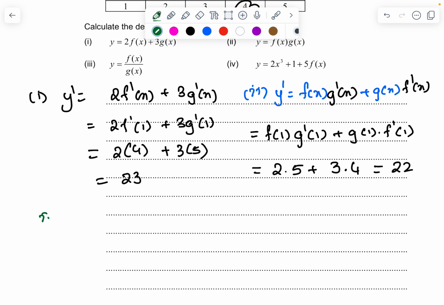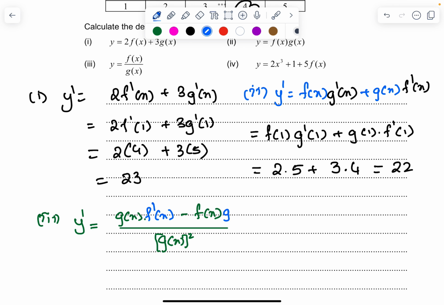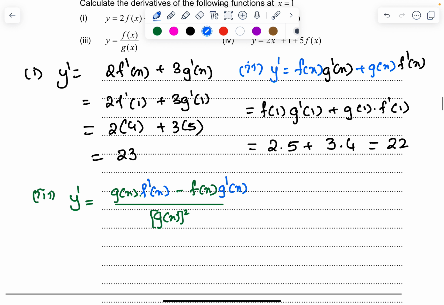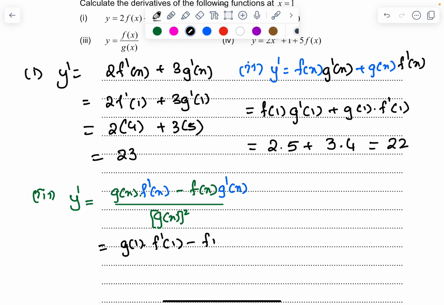Coming to part 3. So y prime equals to g of x times f prime x minus f of x times g prime x, divided by g of x whole square. So it's going to be g of 1 times f prime of 1 minus f of 1 times g prime of 1 divided by g of 1 whole square.